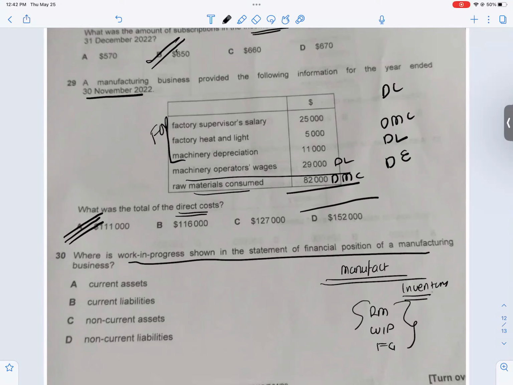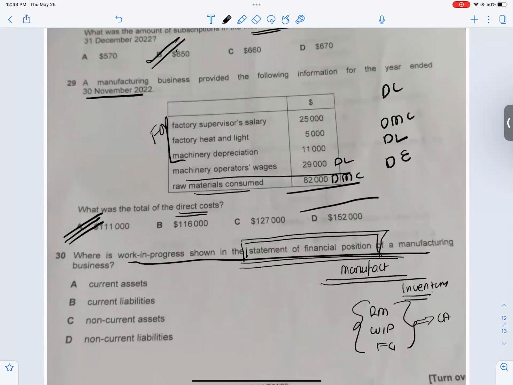And these inventories, where will they be shown? All your inventory in the statement of financial position will be shown under current assets. Done?